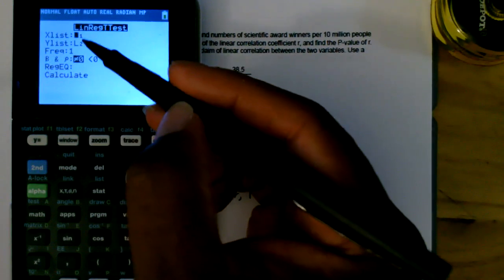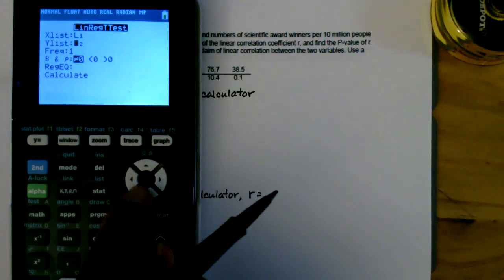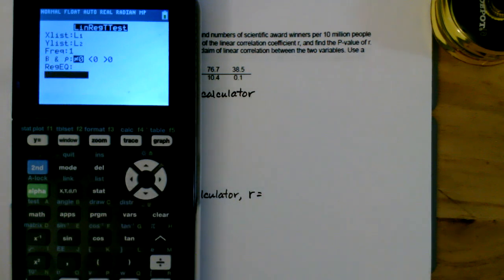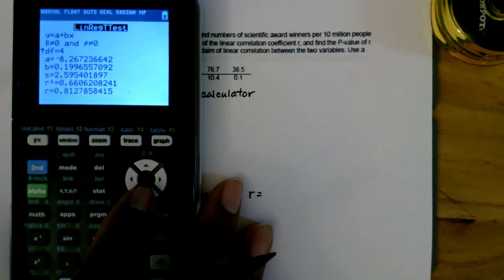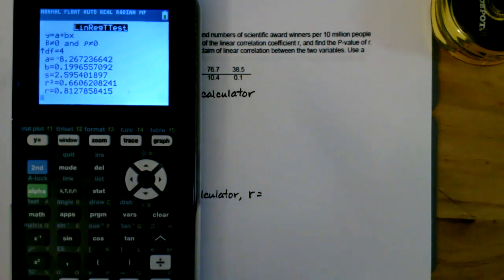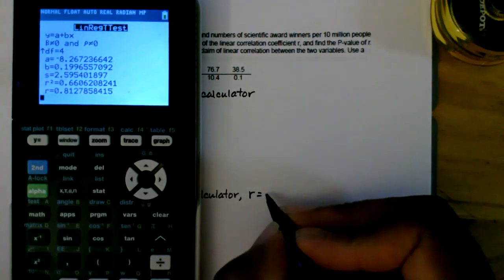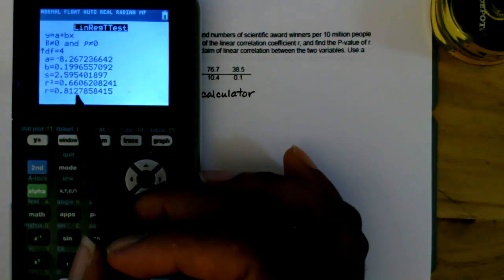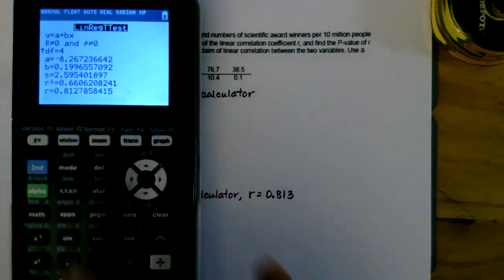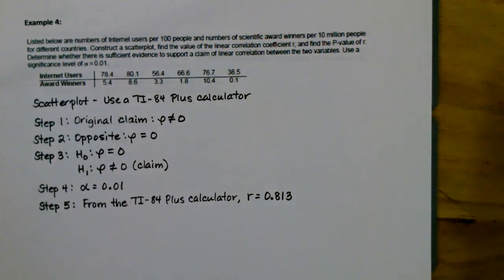All right, XList should be L1, YList should be L2, not equal to should be highlighted. So we go all the way down to calculate, and then press enter. Use your down arrow key to find r. And r in this case to 3 decimal places will be 0.813, because as you can see, the third digit is a 2, and the 7 makes that 2 a 3, so round it up. So that is your linear correlation coefficient. That's going to be your test statistic.